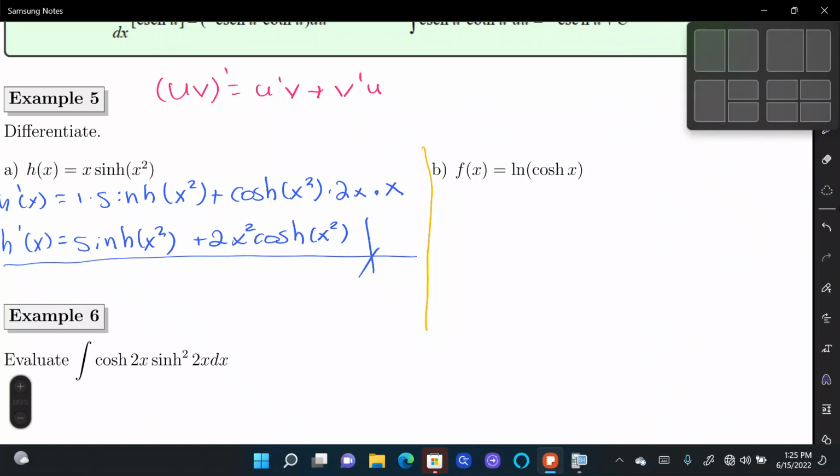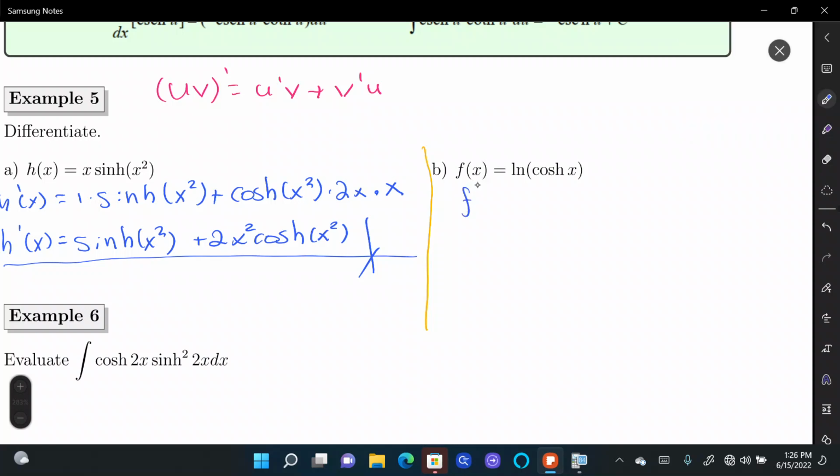Alright, so in this case, let's have a look at this one. It looks like the chain rule will be involved, as well as the derivative of cosh, right? So f prime of x equals... what's the derivative of a logarithm, by the way, when we have a composite function?